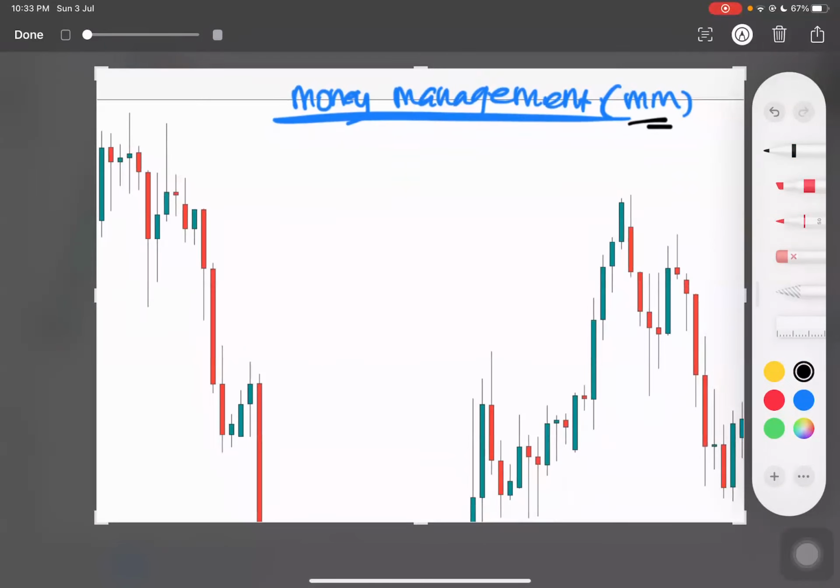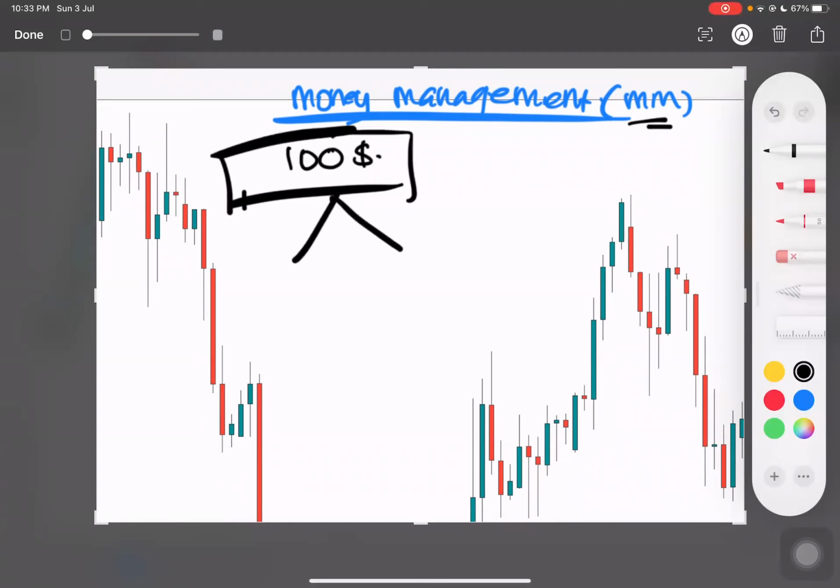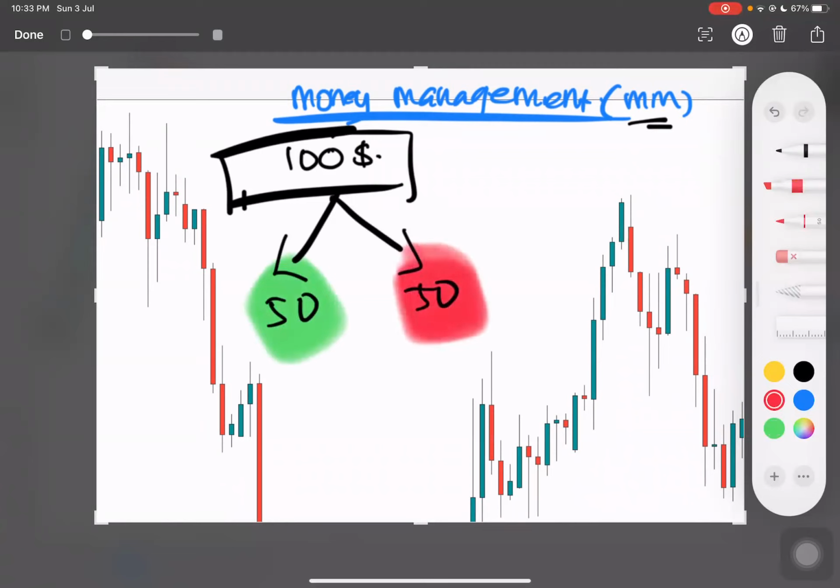Let's say you have 100 USD. Don't straight away use the whole account. Break your account into two, 50-50. One is for taking care of your margin. The other one, you can full margin, no problem.